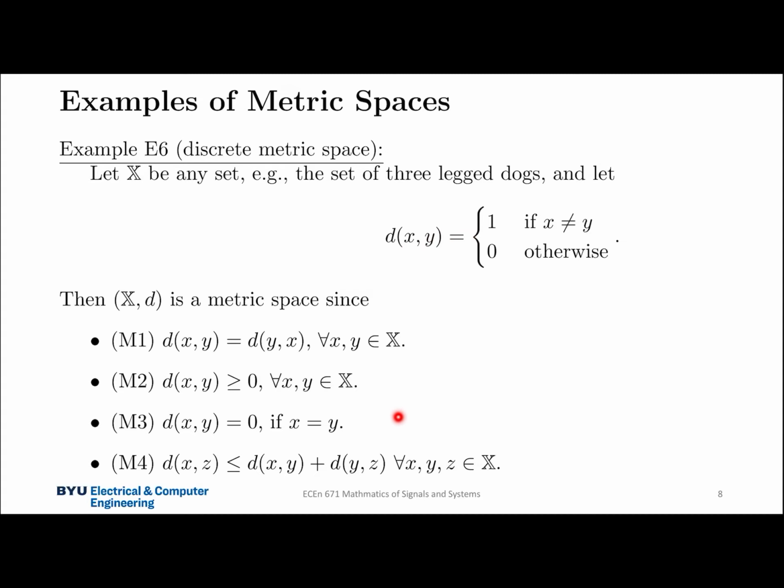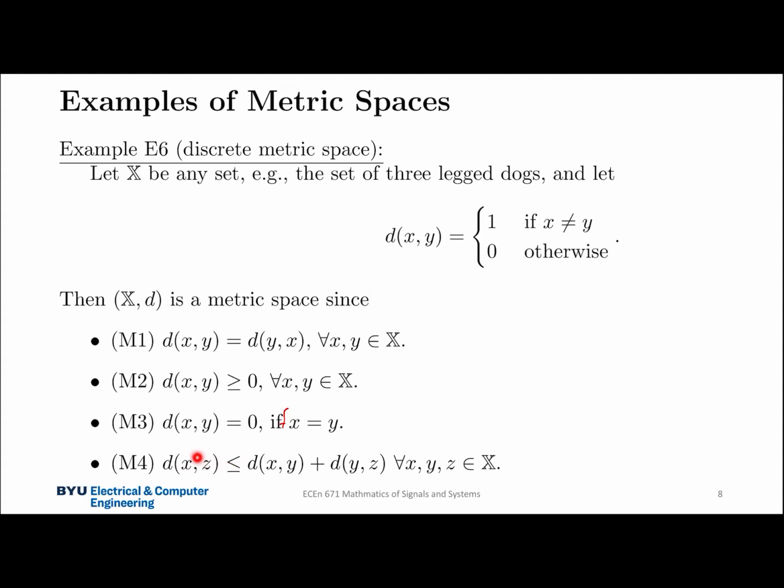And you can show that this actually satisfies, obviously it doesn't depend on which dog you put in there first, and it's going to be greater than or equal to 0 because the only options are 1 or 0. And then it's true D, if and only if X equals Y. And the triangle inequality is obviously true because on this side, if X and Z are the same thing, we'd have 0.